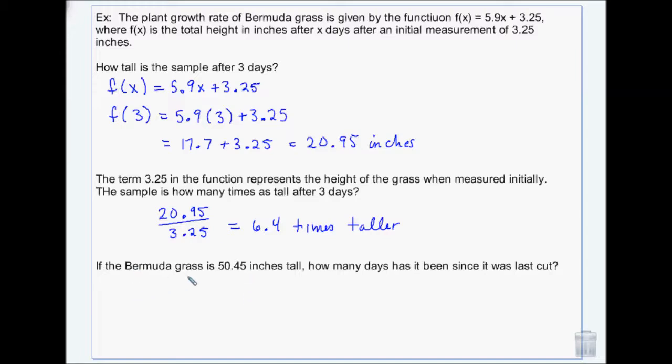Okay, we want to find out how many days it's been since it was last cut if the Bermuda grass is 50 inches tall. Well, that would mean f of x is 50.45. So we plug that in. We're going to subtract the 3.25 from both sides, and we get 47.2 is equal to 5.9x.